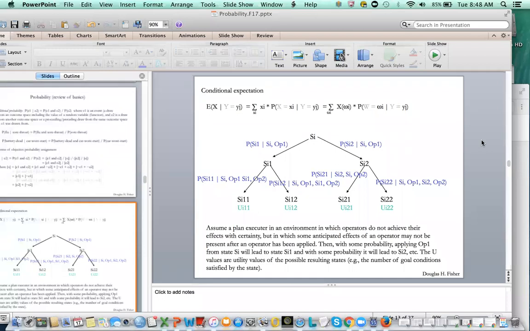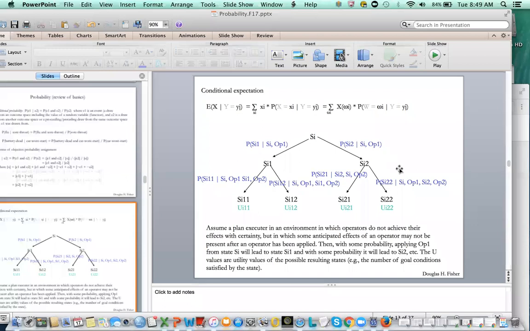And rather than having certain effects, we might have a planner or a domain in which the effects of a STRIPS operator are uncertain. An individual effect might only become true after the operator is applied with a certain probability. We hope high probability, but there's some non-zero probability that the effect might not be realized.